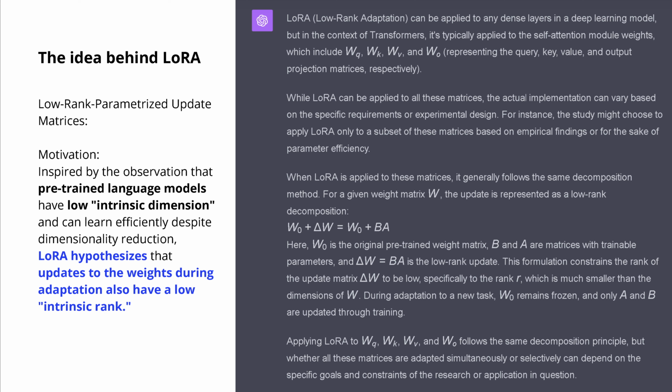Now, you remember that given that this is a low rank adaptation, the rank R is much smaller than the original dimension of our weight tensor W. And during the fine-tuning, or the parameter-efficient fine-tuning, the W0 weights remain frozen and only our matrices A and B are updated throughout the training.